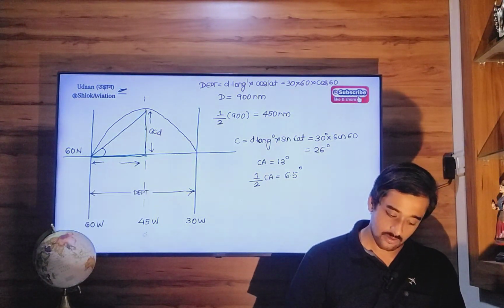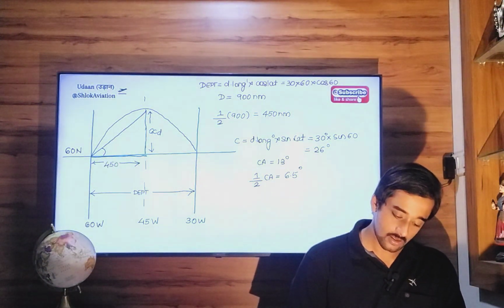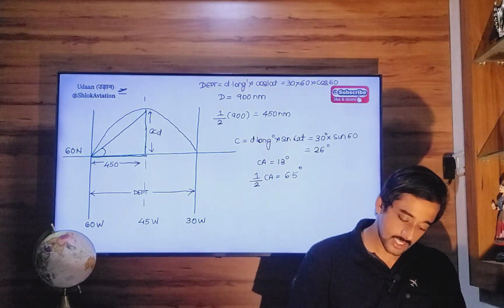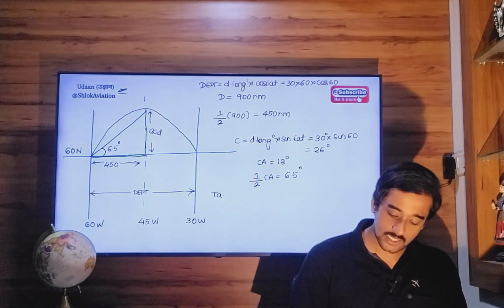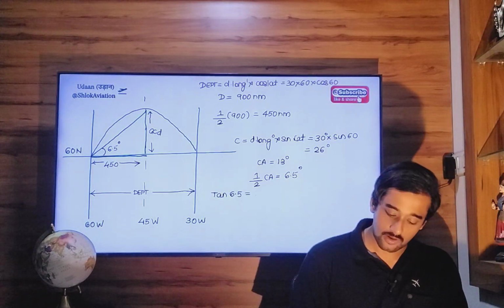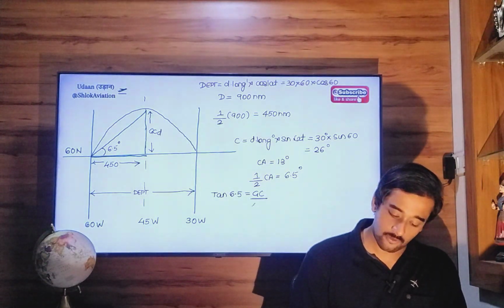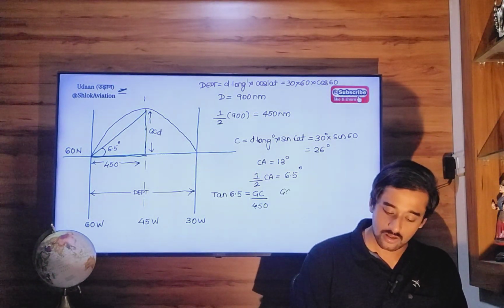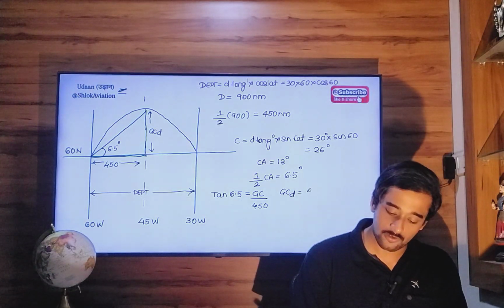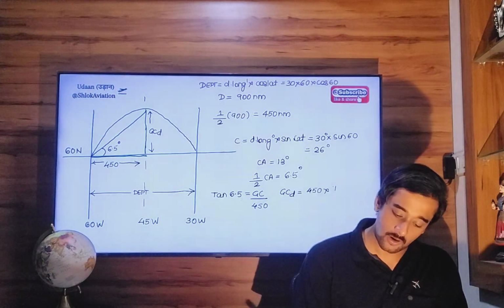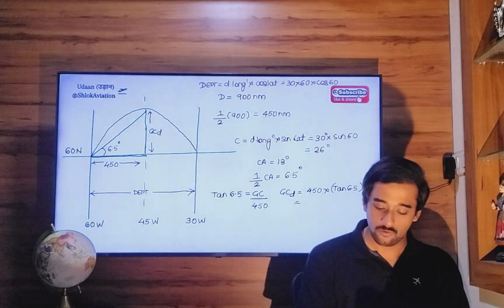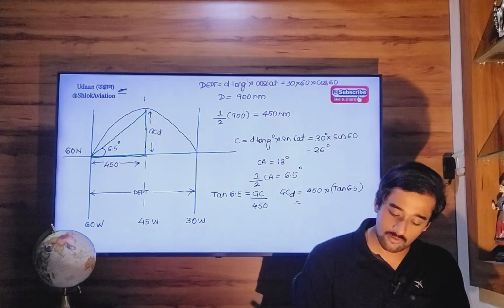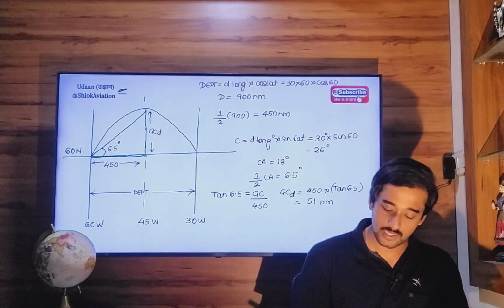Departure 450, half of convergence angle 6.5. Now tan of 6.5 equals great circle distance divided by 450. Great circle distance is 450 miles into tan of 6.5. Now tan 6.5 into 450 is 51 nautical miles.